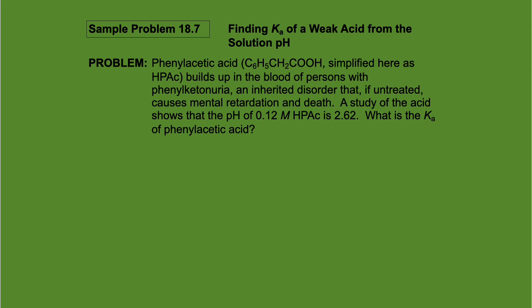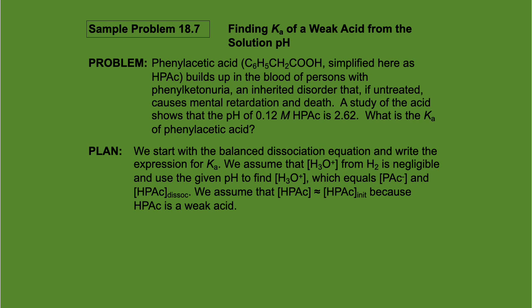A study of the acid shows that a 0.12 molar solution of phenylacetic acid will yield a pH of 2.62. That would be the final pH. And we're asked to calculate the Ka from this value.